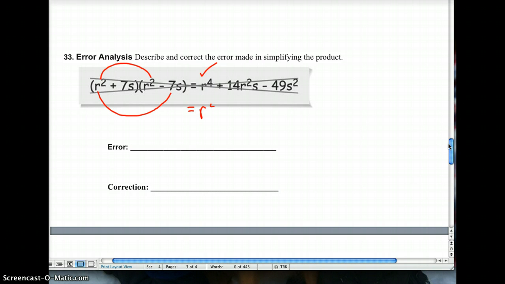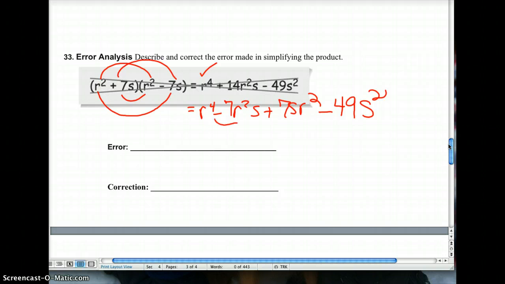I'd have R to the 4th with my first. My outside would be negative 7 R squared S. My inside would be positive 7 S R squared. And my lasts would be a positive times a negative, which makes a negative: 7 times 7 is 49, and S times S is S squared. You'll notice that these terms are opposites, so they cancel.